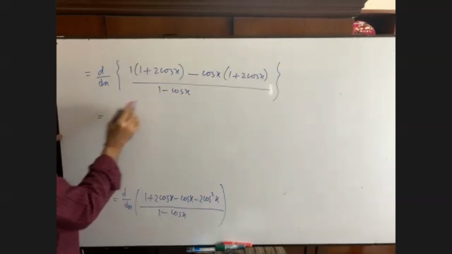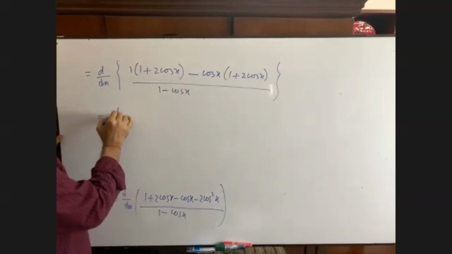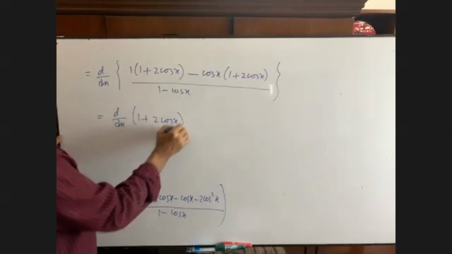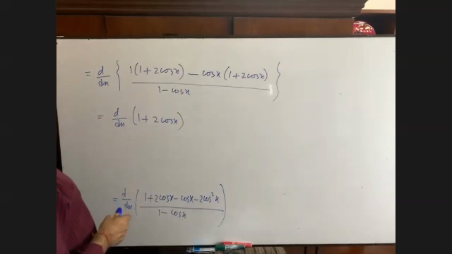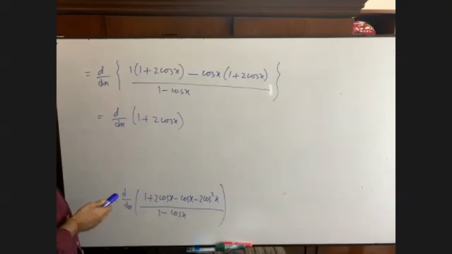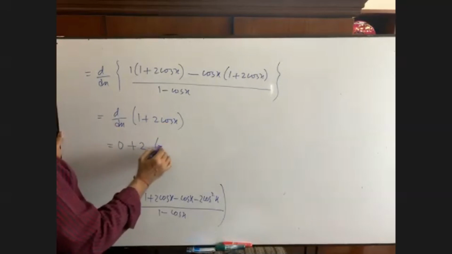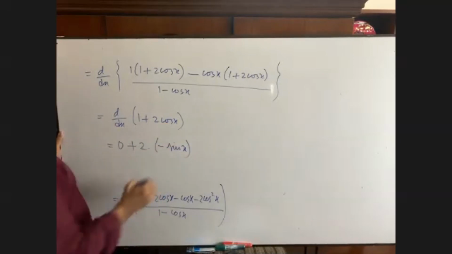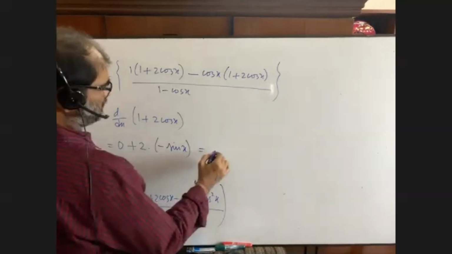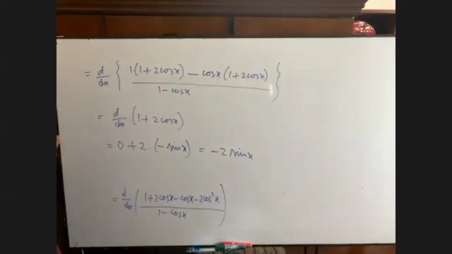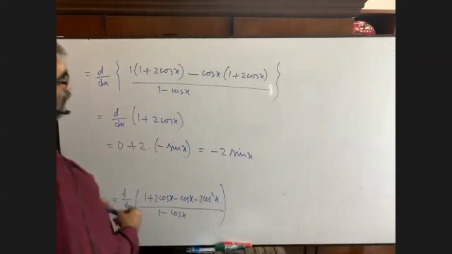Now you see 1 minus cos x, 1 minus cos x will be omitted. So we are left with d by dx 1 plus 2 cos x. And we know derivative of 1 is 0. So again 0, it is plus 2. What is derivative of cos x? It is minus sin x. So here we have the answer minus 2 sin x. Important math, very, very important. If it is given, you will fail to do because you will fail to recall your memories.